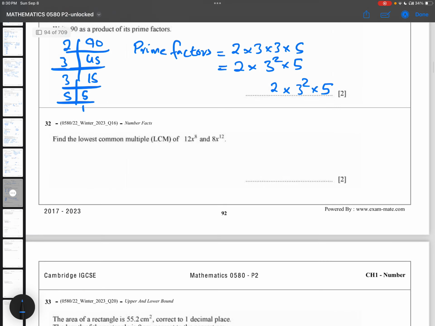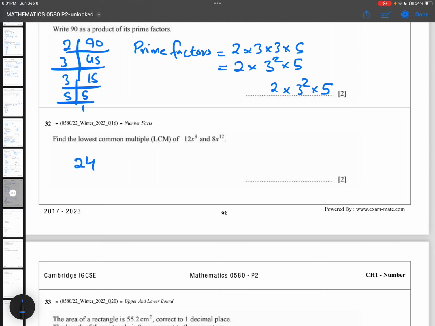Now we have to find the lowest common multiple of 12x to the power 8 and 8x to the power 12. Okay, so first find the LCM of 12 and 8. The LCM of 12 and 8 is 24. Now we have x to the power 8 and x to the power 12.